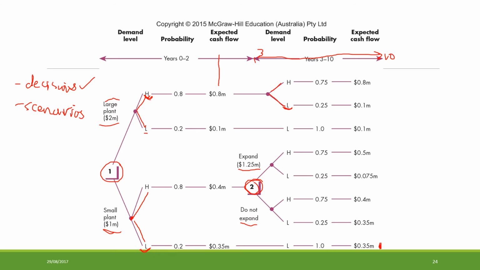But regardless of what we choose, we then have 2 scenarios for demand from year 3 to year 10 again, either high or low. So using this information, we can work out the possible scenarios, so 1, 2, 3, 4, 5, 6, 7, 8 scenarios.